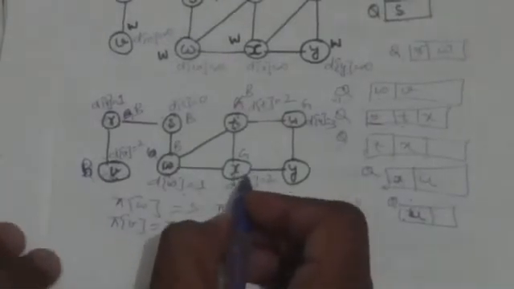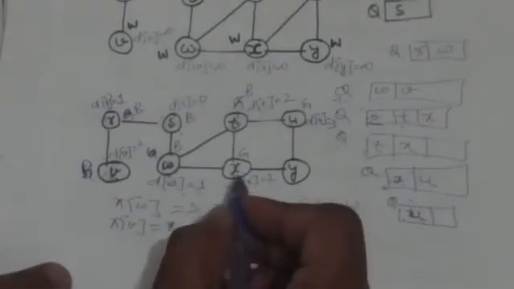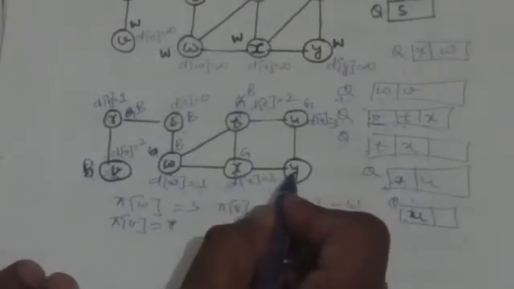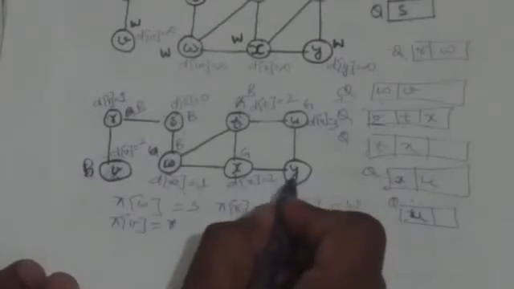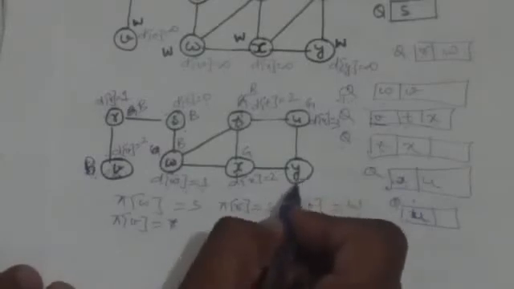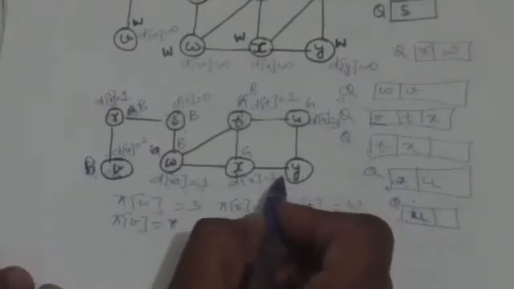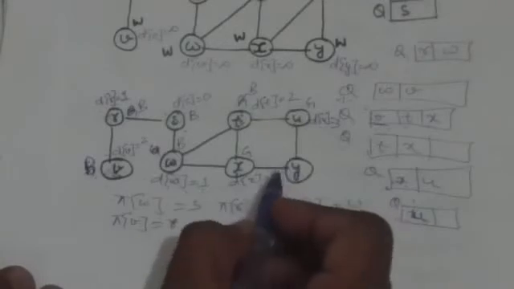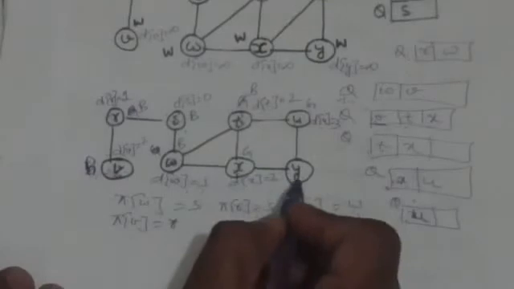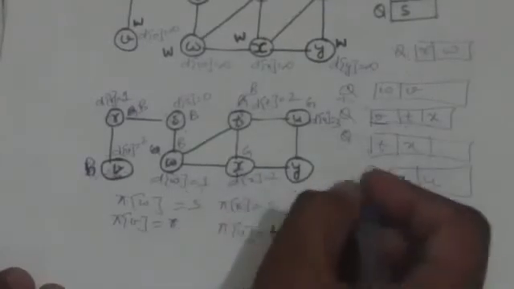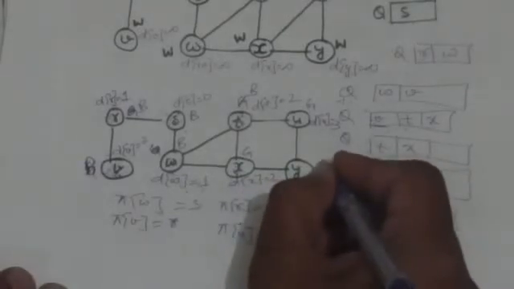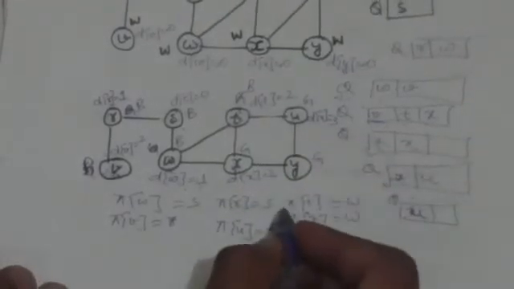Now there is only one vertex which is white in color and adjacent to vertex x, and that is vertex y. So first of all we will change the color of vertex y from white to gray, right?